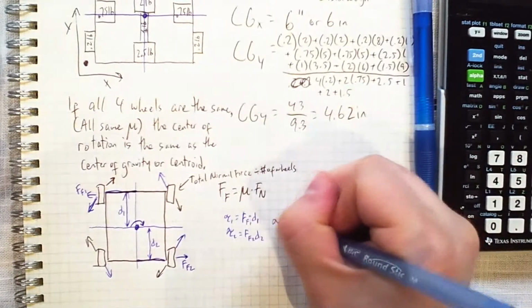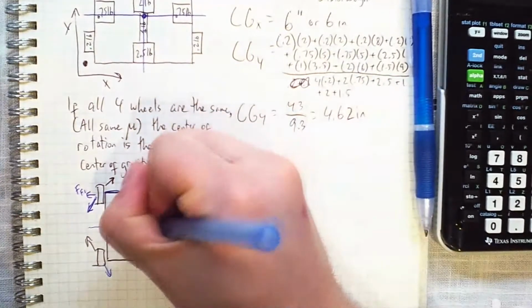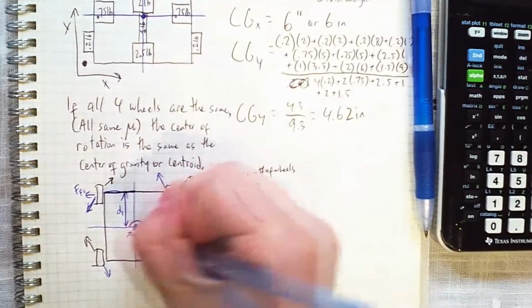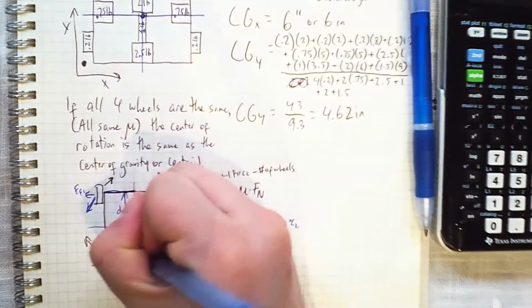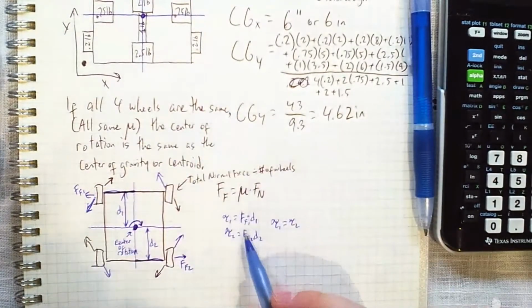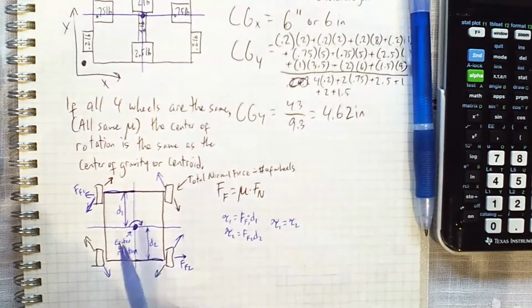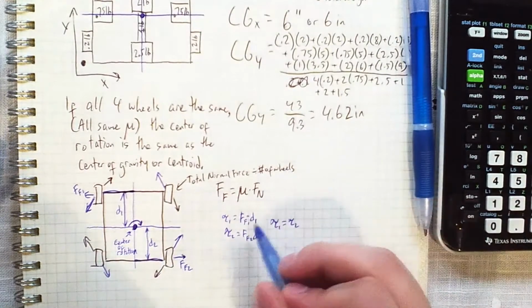The two torques have to be equal. And this point here actually isn't our centroid, it's our center of rotation. So as these frictional forces change, this point is going to move towards one side of the robot or the other, depending on what that frictional force is.